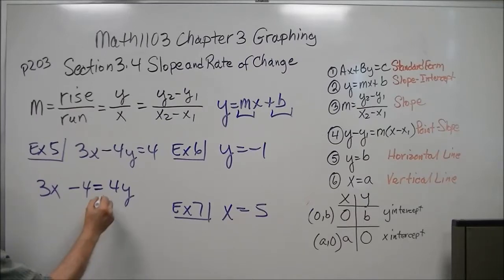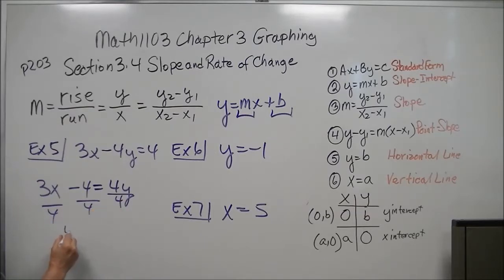Now I'm going to divide everything by 4, and I'm going to rewrite it this way. So it's y equals 3/4 x minus 1. So our slope then, once we solve for a positive y, is 3/4.